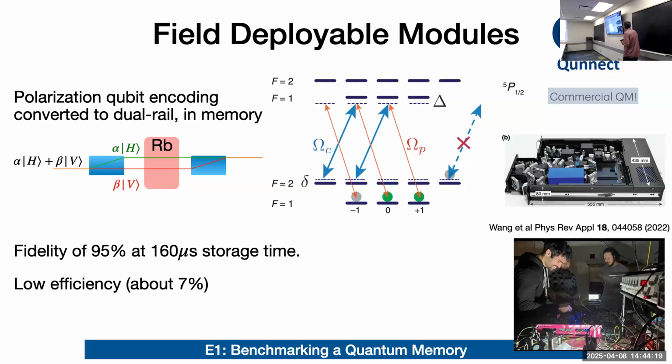And what they advertise is a fidelity of 95% at 160 microsecond storage time, which is actually fairly respectable, but a fairly low efficiency. This might be a problem, something we're actually exploring, as to how this might limit our key rate if we're doing, say, a Bell state source to make quantum key distribution.